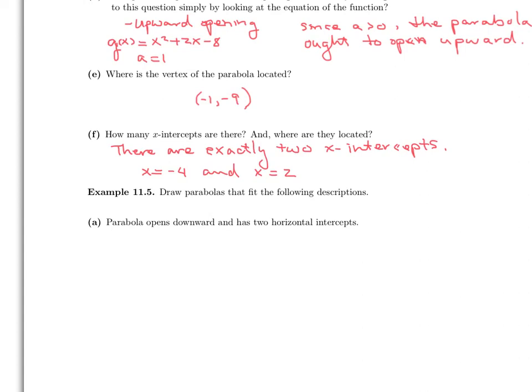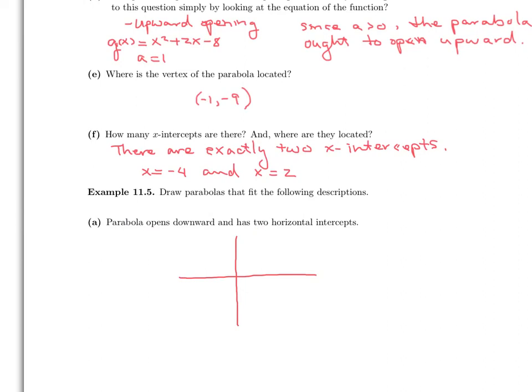Okay, let's go ahead and work the different parts of this example, beginning with part A. Draw a parabola that opens downward and has 2 horizontal intercepts. So we can start by drawing some axes. So here's a vertical axis, here's a horizontal axis.